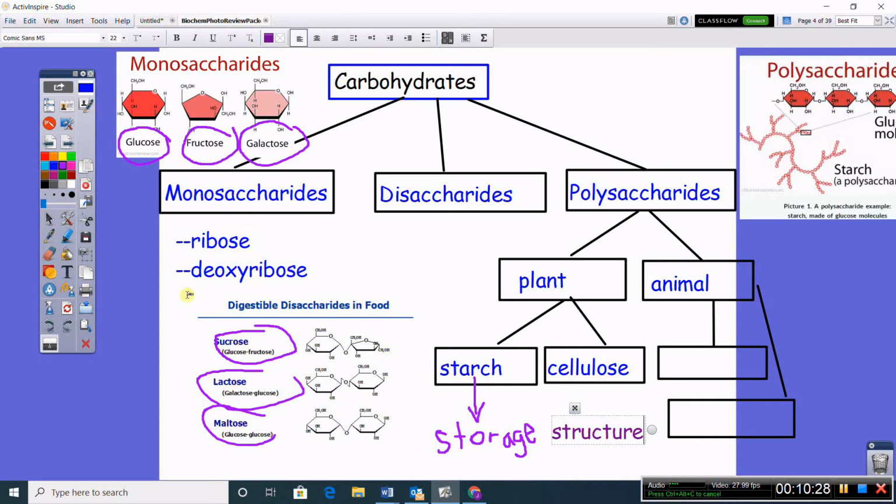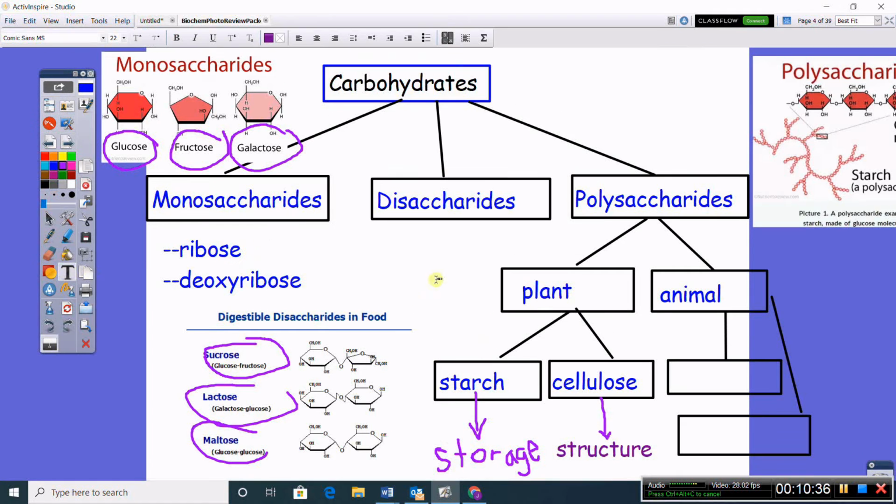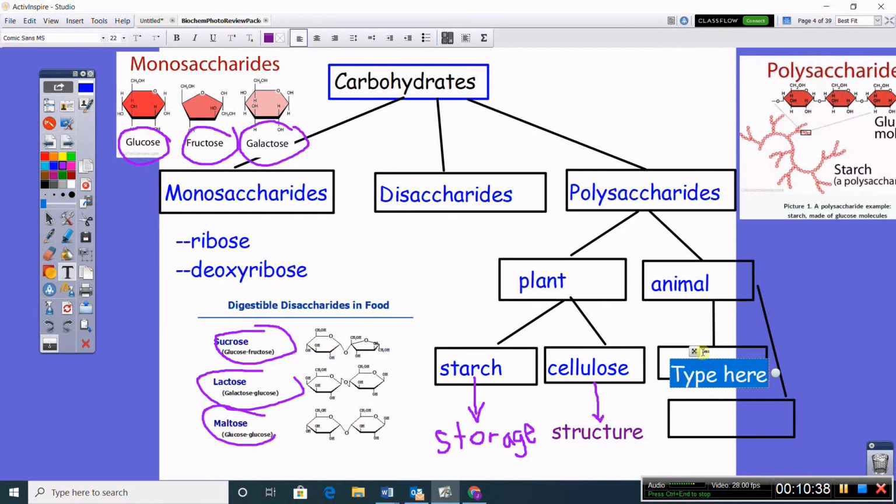So, starch is for storage, cellulose is for structure. Now, as far as our animal polysaccharides go, we've got glycogen. Okay, glycogen is going to be for storage.